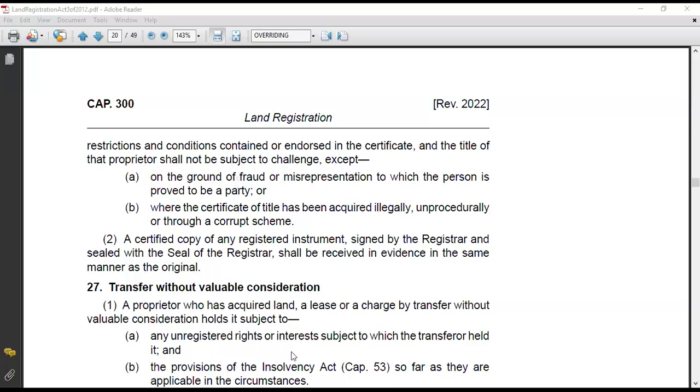Provided that the registrar may direct registration of any of the liabilities, rights and interests hereinbefore defined in such manner as the registrar deems necessary.